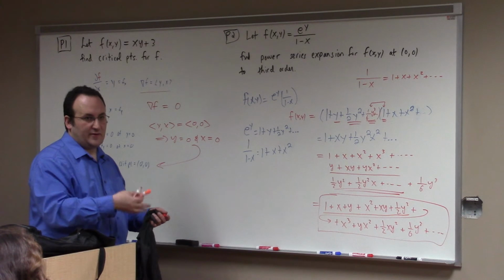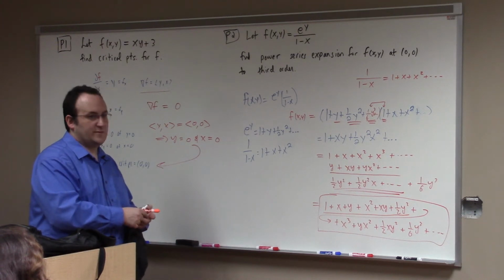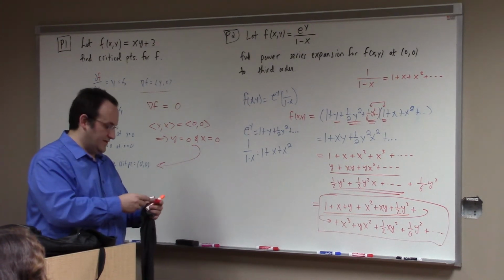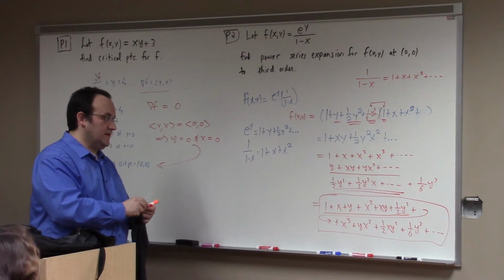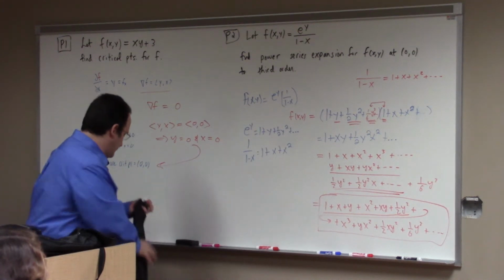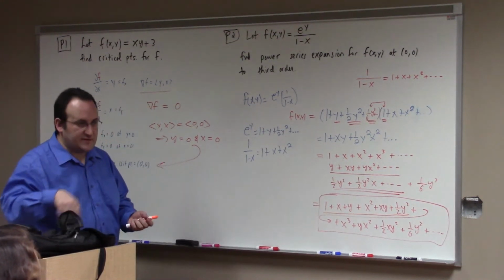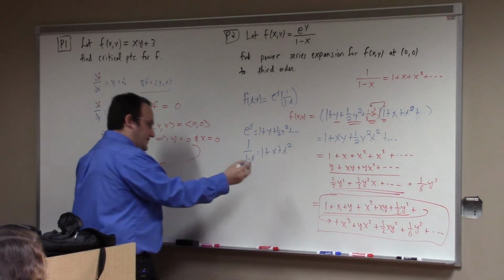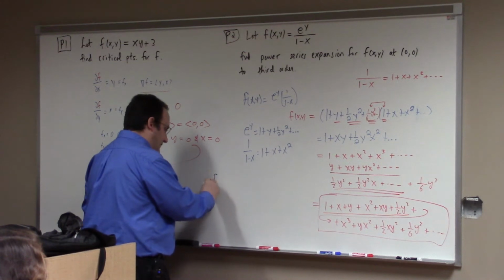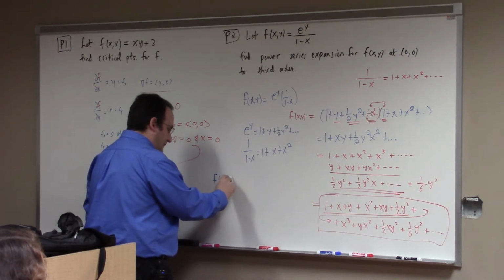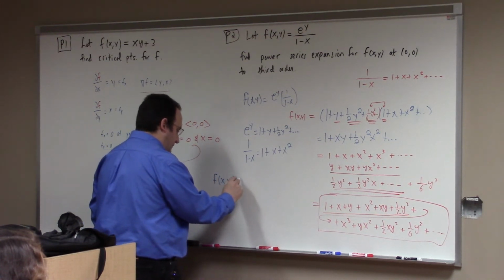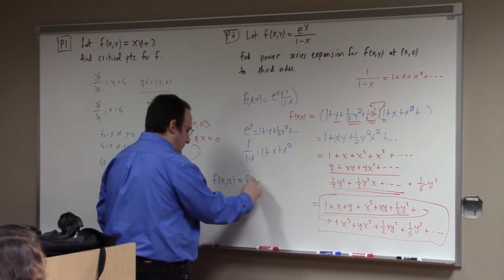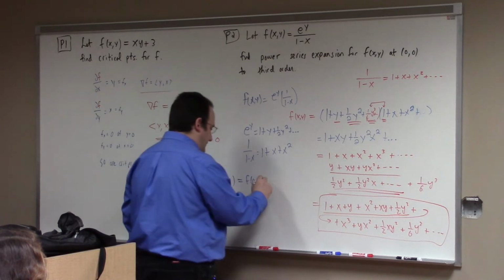We just write down the power series expansions for the functions which are being used to construct the function of several variables. By the way, we can read things from this. Remember that there's a multivariate Taylor series, right? What does that look like? At 0, here's what it looks like. F of x comma y is equal to, in the case where we're expanding at 0, the first term f of 0, 0.